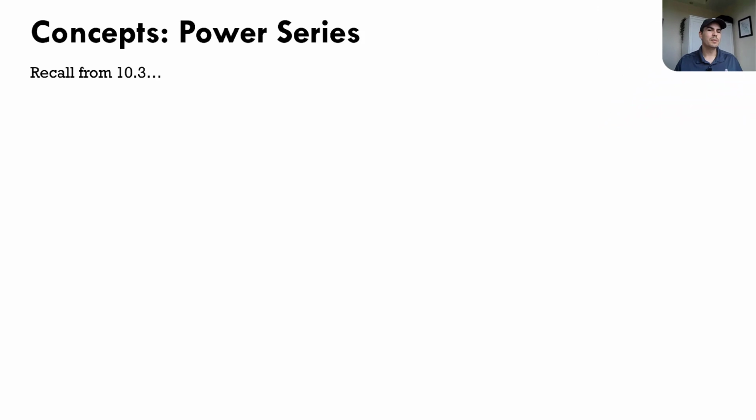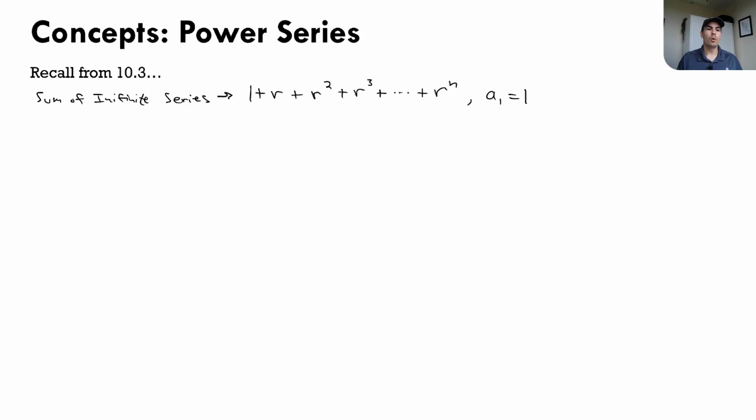We're going to need to recall some information from previous chapters. So try to remember all the information that we've learned in Precalculus so far. But right now, just recalling 10.3 and representing the sum of an infinite series. The sum of an infinite series, remember, we called 1 plus r squared plus r to the third plus ... plus r sub n, and it really just kept on going, right?